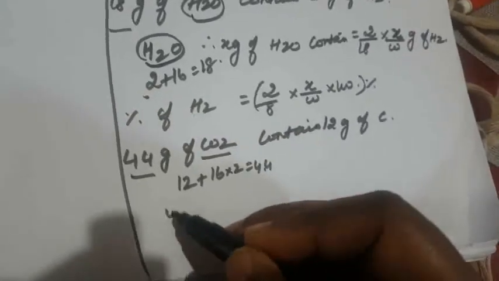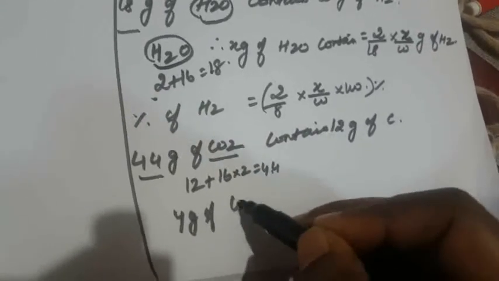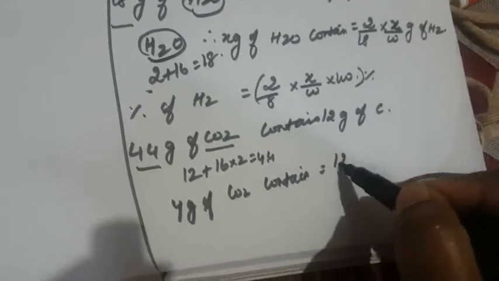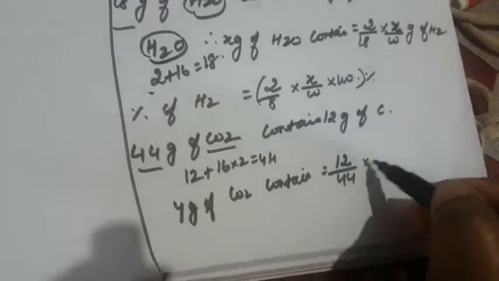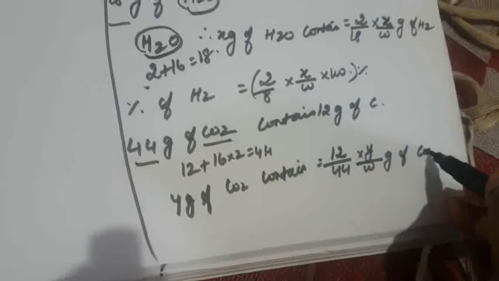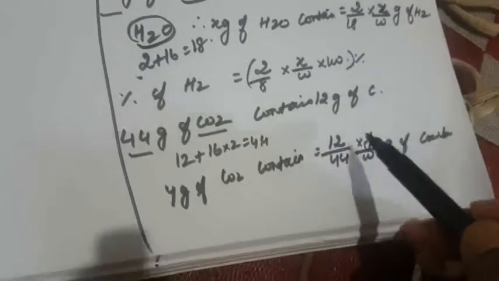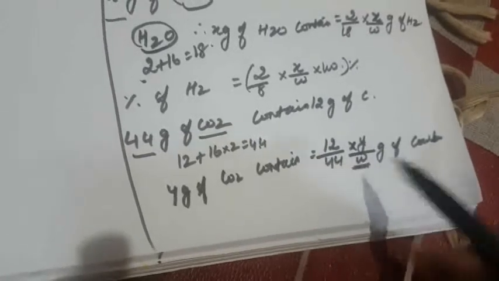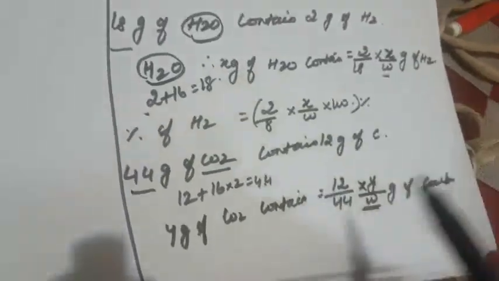Now Y gram of carbon dioxide contains how much? It contains 12 by 44 into Y gram of carbon, and W is the total weight of the organic compound.